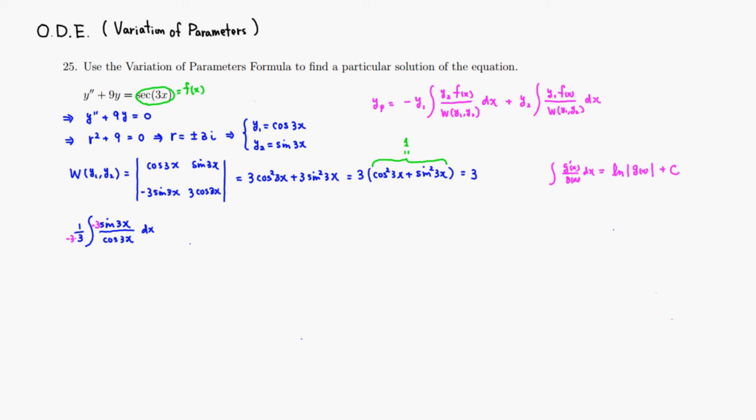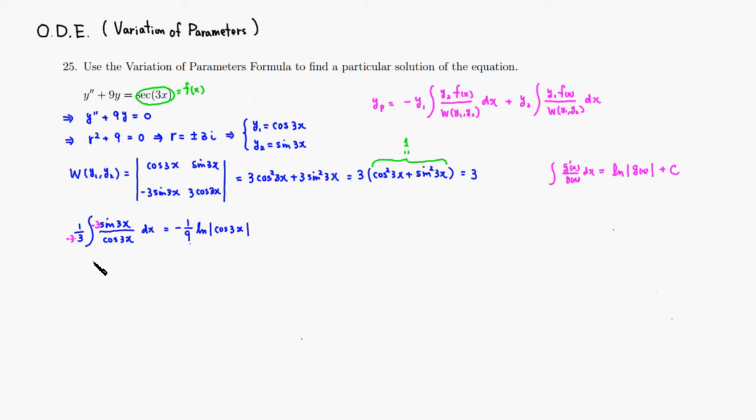So the antiderivative is going to be, the constant is negative 1 over 9, times the natural log of the absolute value of cosine of 3x, plus some constant c, but we don't have to worry about that when you do the variation of parameters.